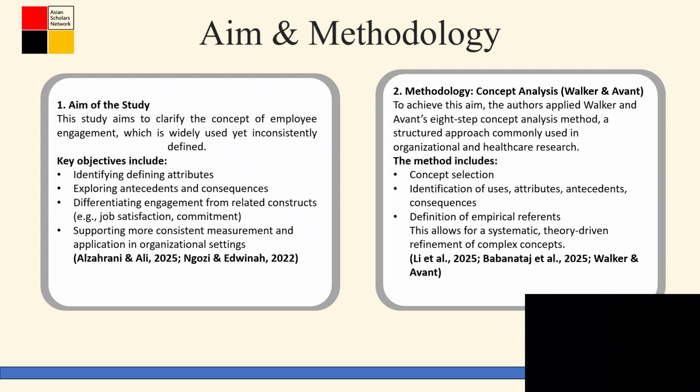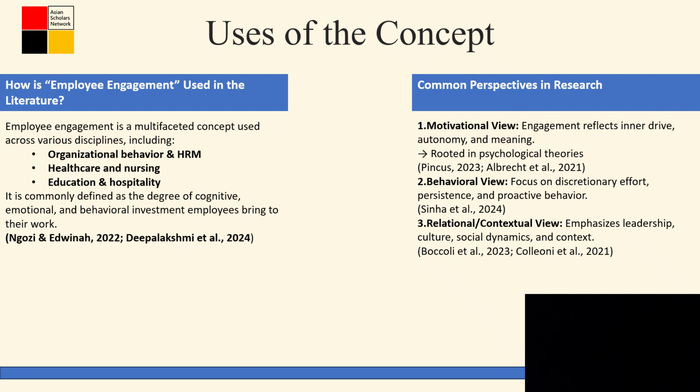Now let's see how the literature actually uses the term employee engagement. In the literature, employee engagement appears across many fields: HRM and organizational behavior, healthcare and nursing, education and hospitality. A common idea is that engagement is the degree of cognitive, emotional, and behavioral investment employees bring to their work.